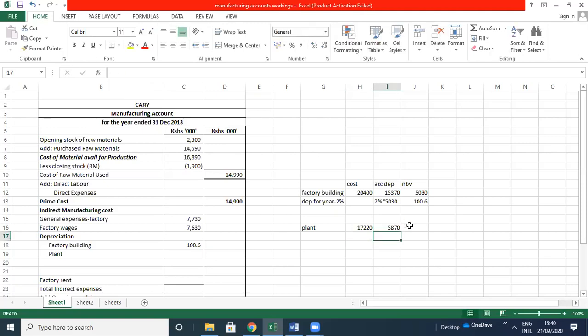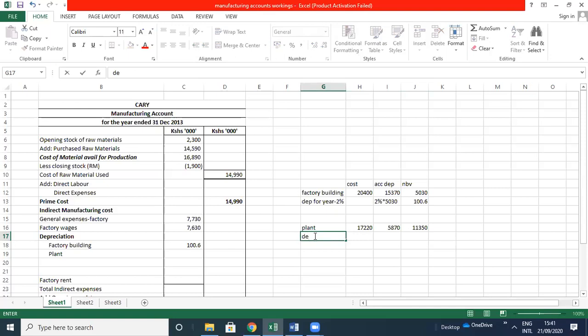Therefore, the net book value was supposed to be 11,350. And we are charging depreciation at what rate for the plant? 10%.